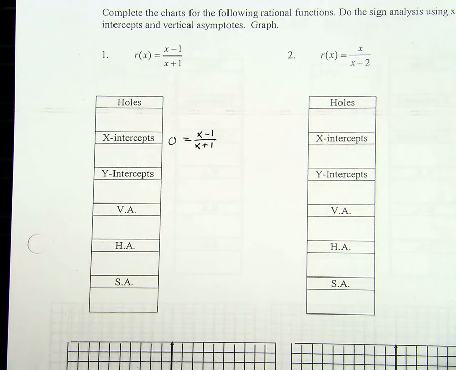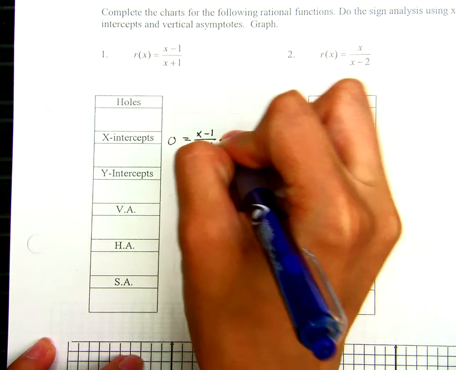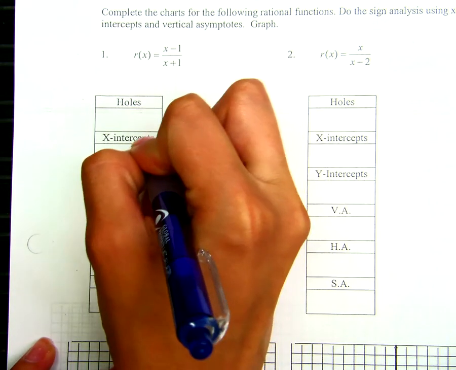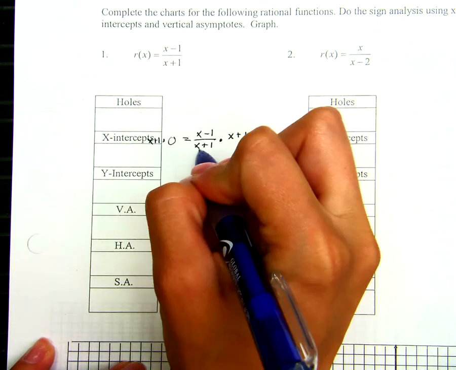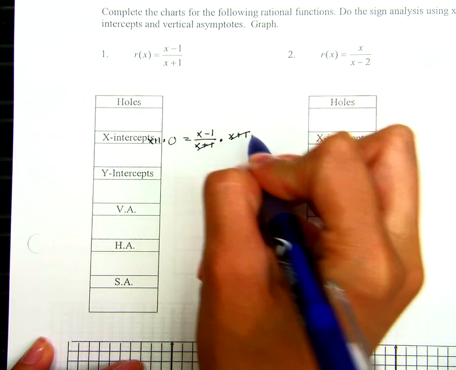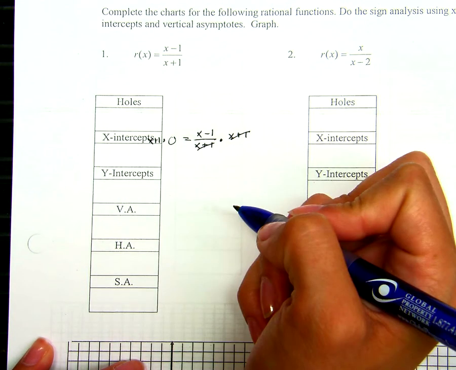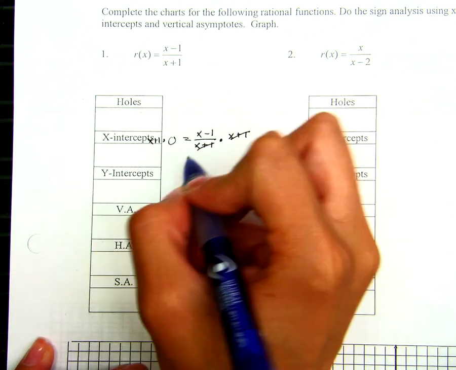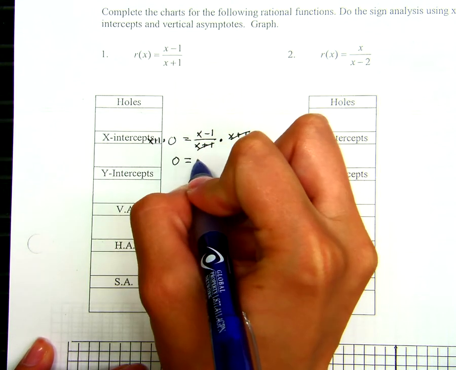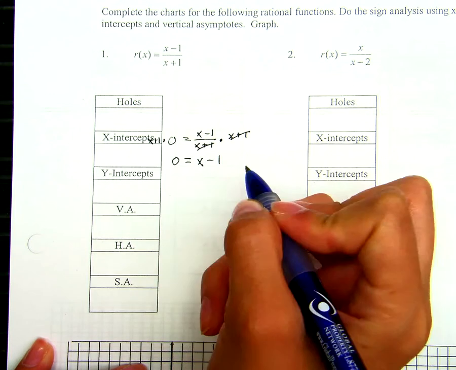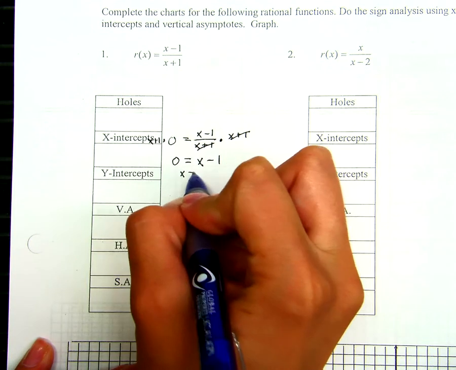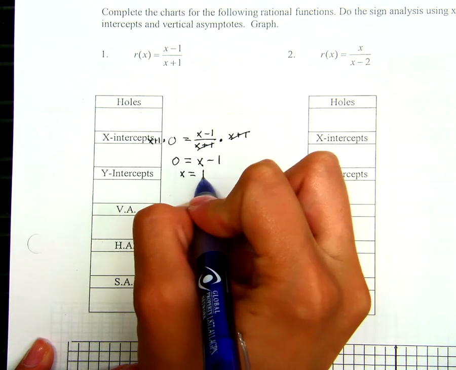Now when I have something equal to a fraction, to simplify that fraction I would multiply by the denominator. So my denominator is x plus 1, so I will multiply both sides of my equation by x plus 1, and in doing so, this side will cancel because I have 1 in the numerator, 1 in the denominator, and on the other side I have 0 times something, which will always be 0, so I get 0 equals x minus 1, which in turn x would equal positive 1.